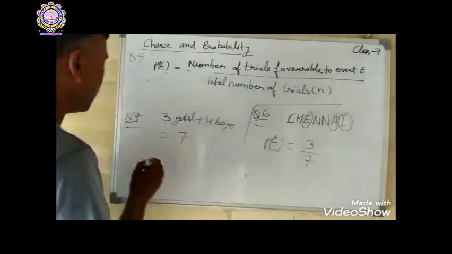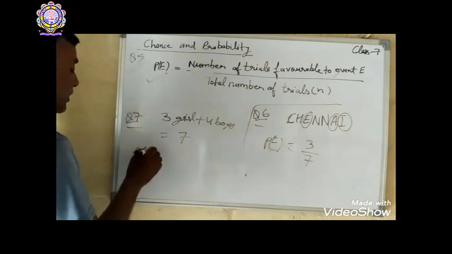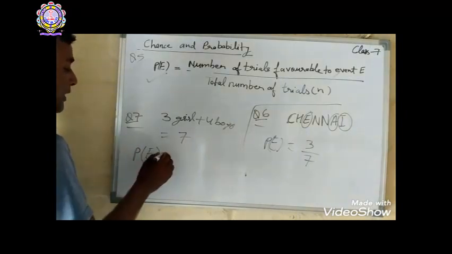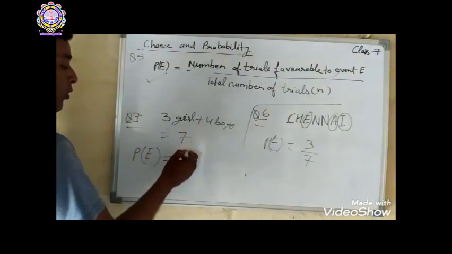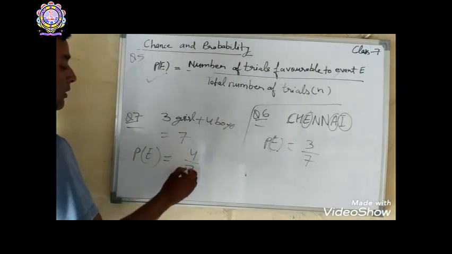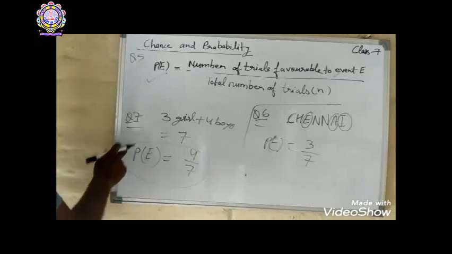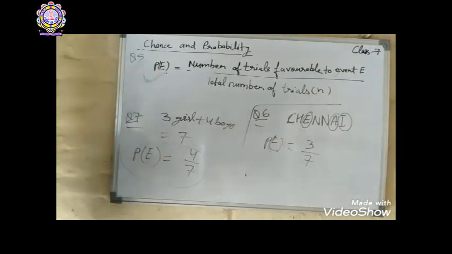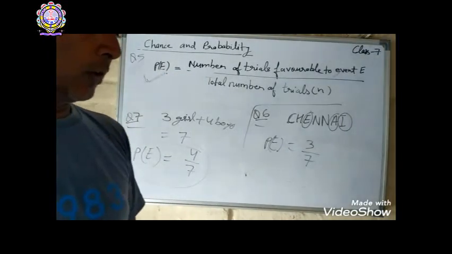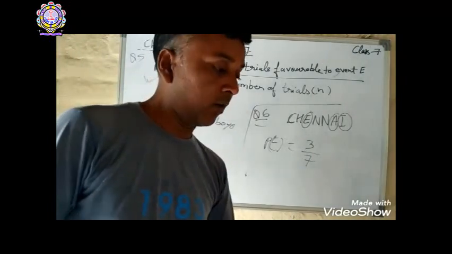The probability of the event, boys, is equal to 4 upon total 7. That is the probability. So before writing the probability, write this formula.